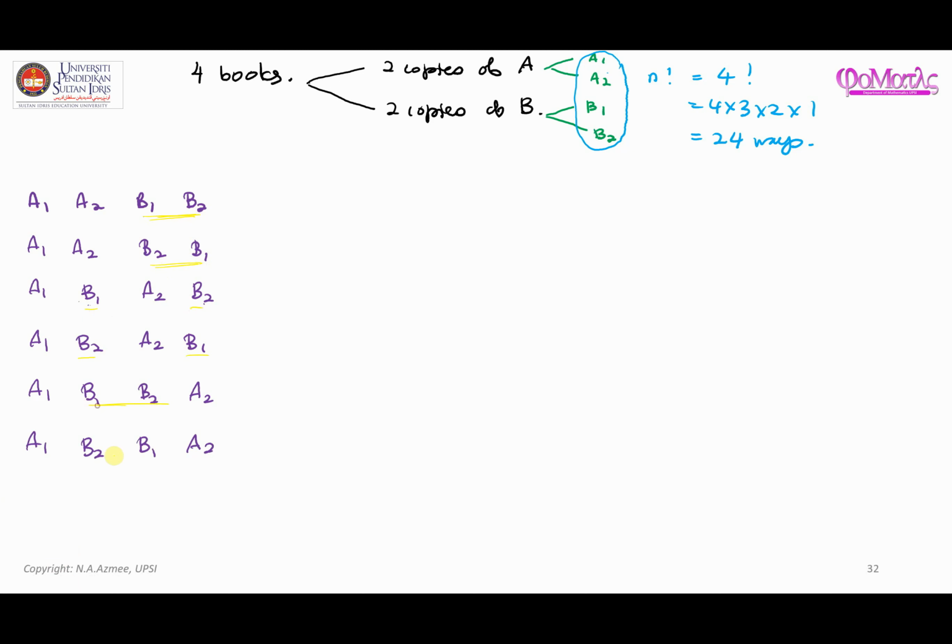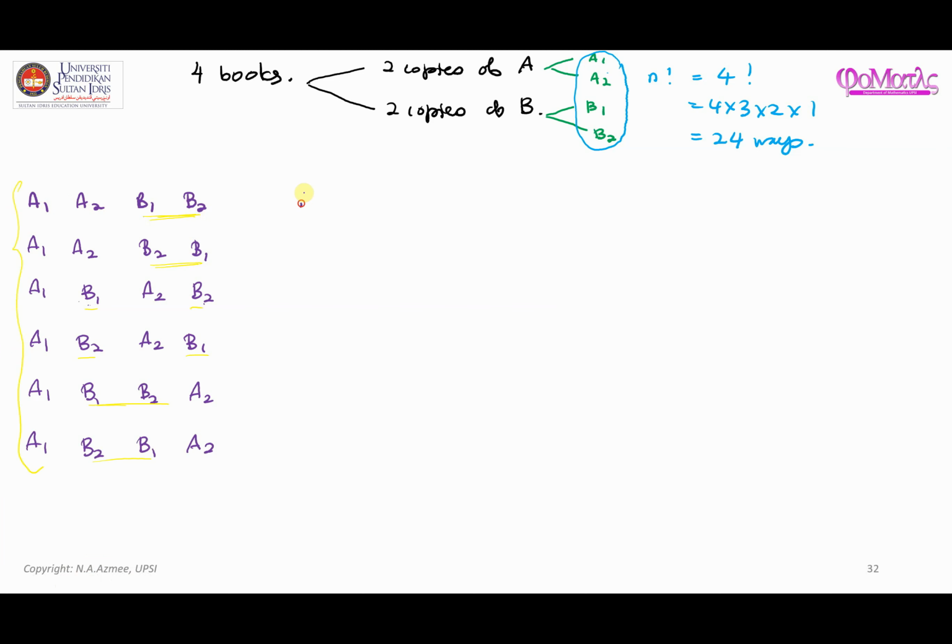And we have never actually considered switching the position of A1 and A2. So now I'm going to consider this arrangement, but I'm going to switch the position of A1 and A2 in order to get a different arrangement. So next, A1 and A2 will be switched in position. B1 and B2 is going to be maintained.